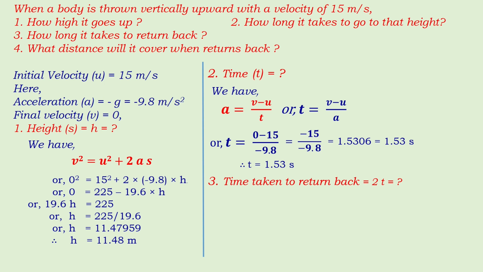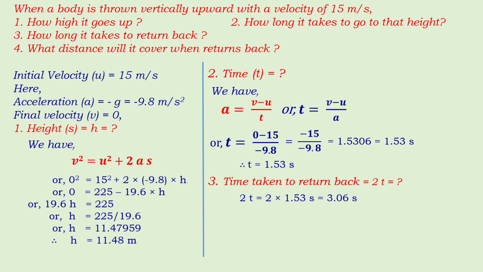The time taken to go to the maximum height is equal to the time taken to come back to our hand also, because while going up also acceleration is 9.8, while going down also acceleration is 9.8. Because of the direction only it is minus and plus. That's why the time taken to return back is equal to 2 times t. And 2 times t is equal to 2 times 1.53 second, and this is equal to 3.06 second.